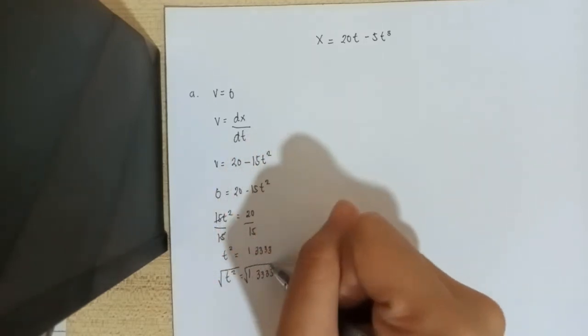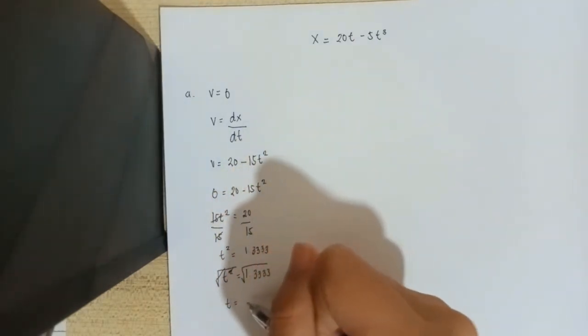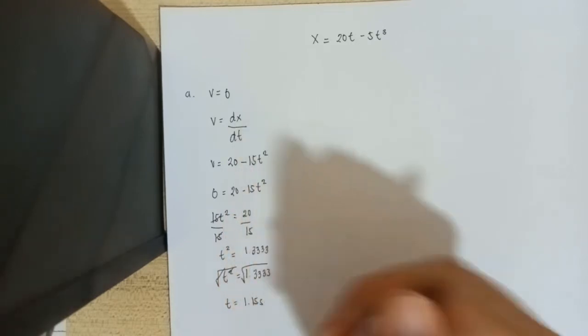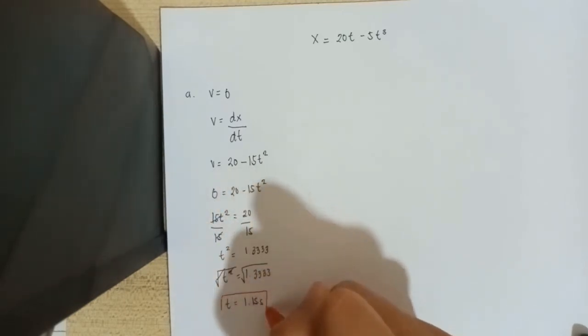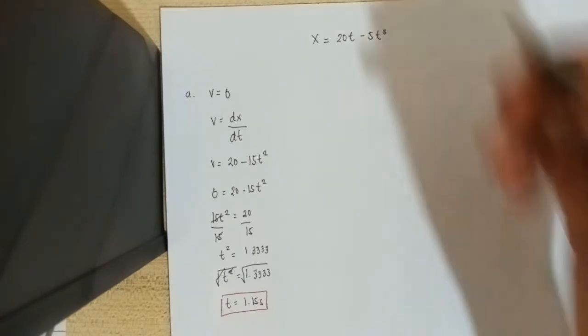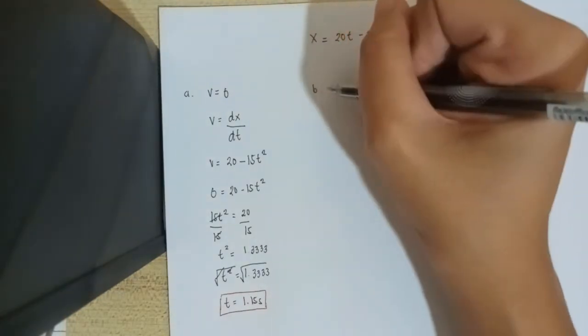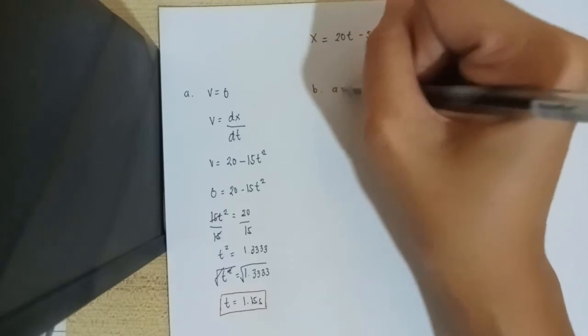After that, we will extract the square root of both sides. That will be 1.15 seconds. That will be the time when the particle velocity becomes 0.